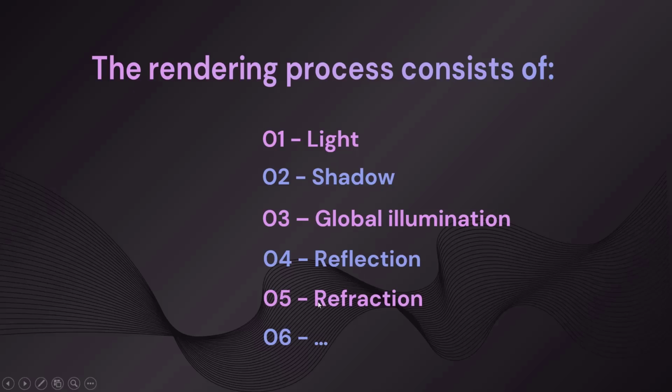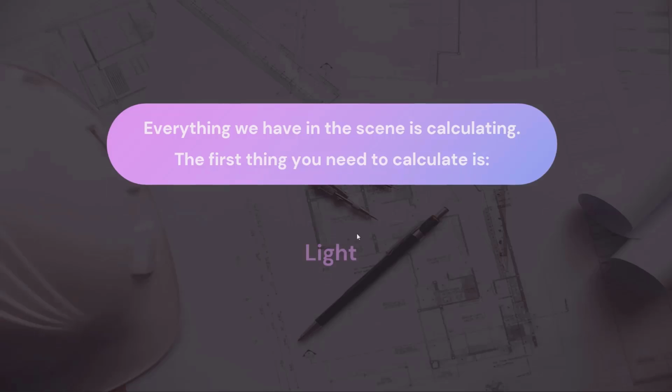So it's a fairly complex process, and it has a lot of calculations before we can get a nice render. V-Ray is using state-of-the-art calculations to bring about the best renders possible.